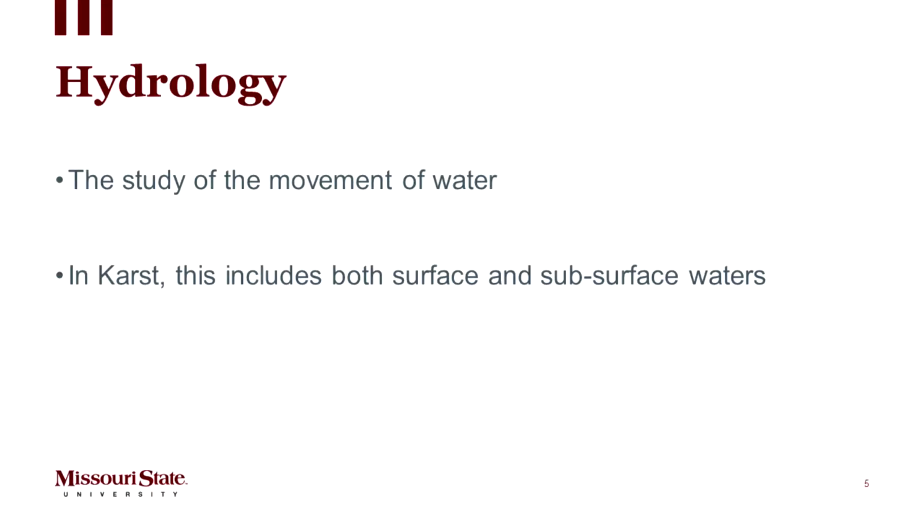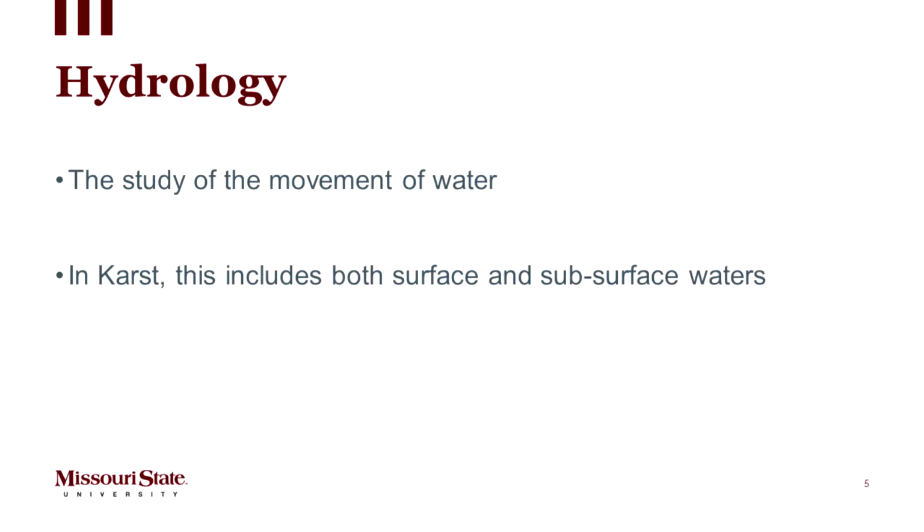Before we get into karst hydrology, I want to talk a little bit about what this word hydrology means. Maybe most people know this, but just to make sure we're all up to speed, hydrology is simply the study of the movement of water, and it can mean different things in different disciplines, but it always has something to do with moving water. In karst, this study would include both surface and subsurface waters.